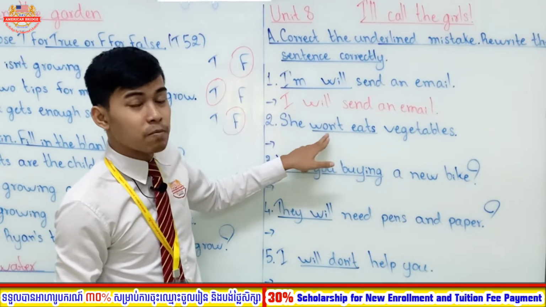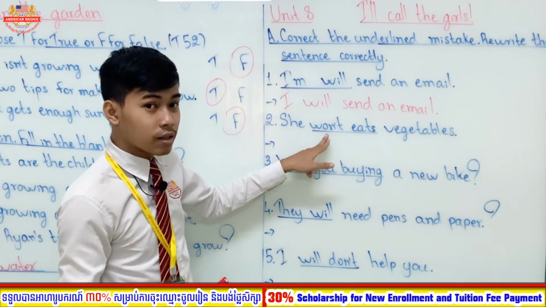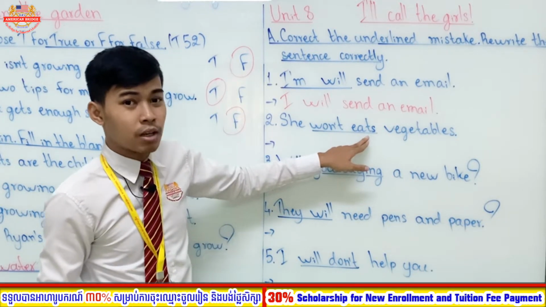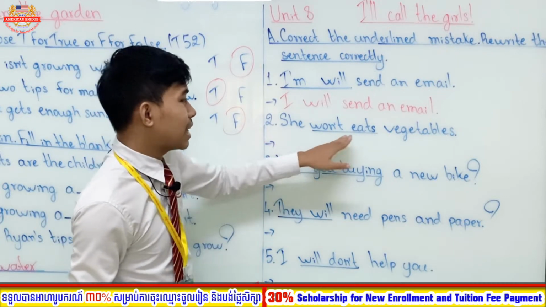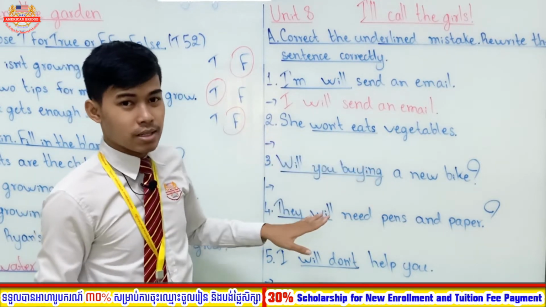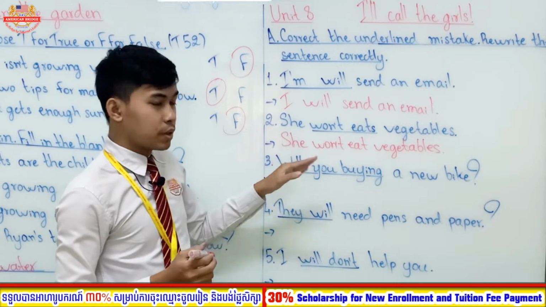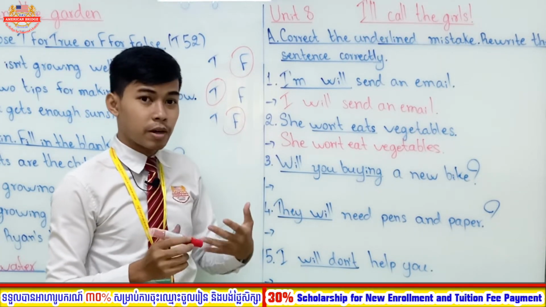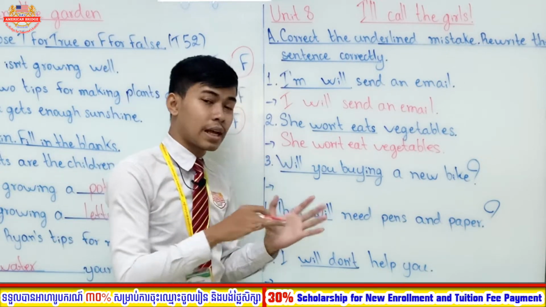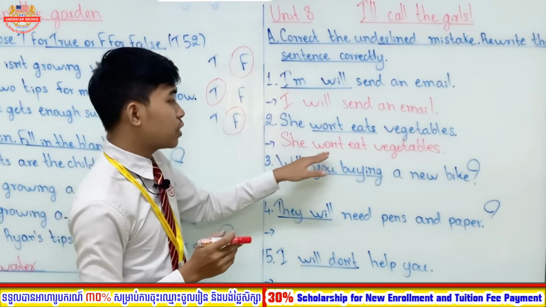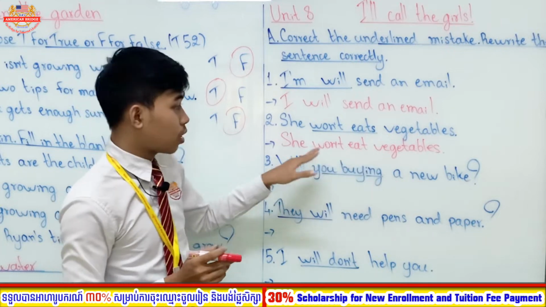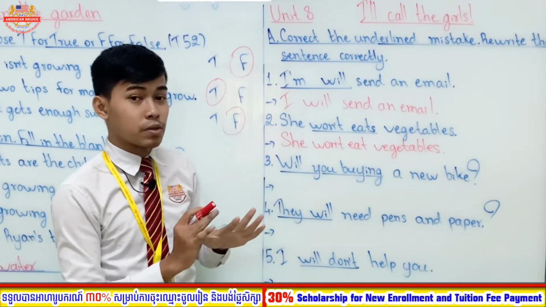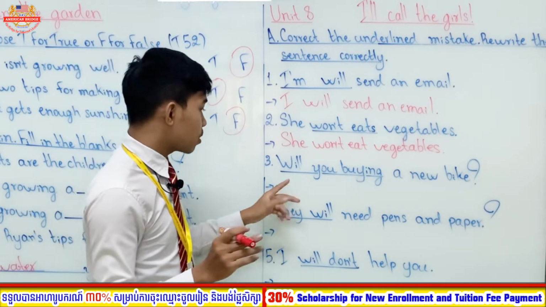But because we have will not, won't, the verb here, we don't add anything, we keep it in the original form. So "she won't eat vegetables," no s. With will, we have to use the infinitive verb, which means the verb that we don't add s to, we don't add anything. We don't add s or change y to ies. We don't do anything.